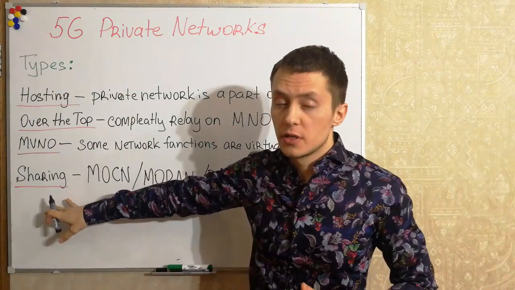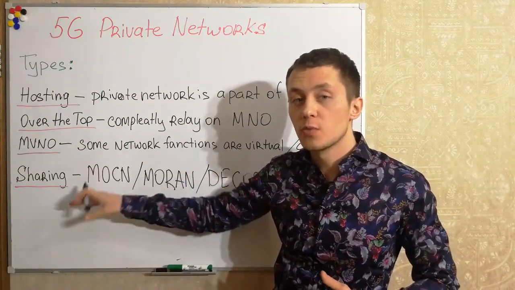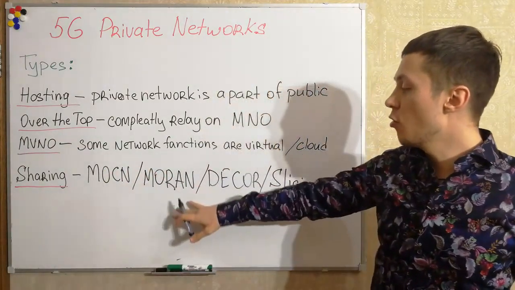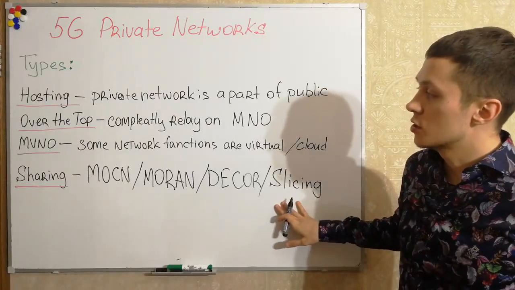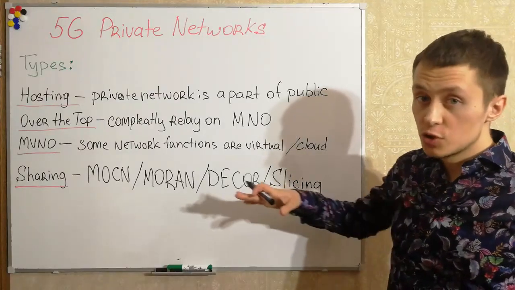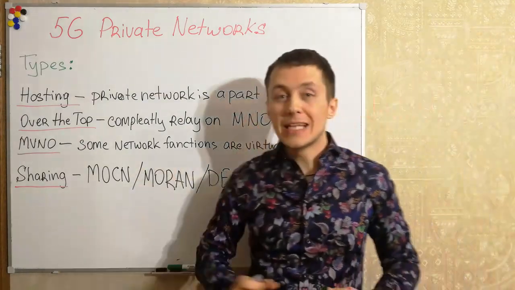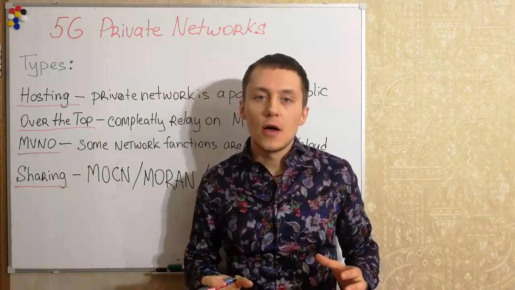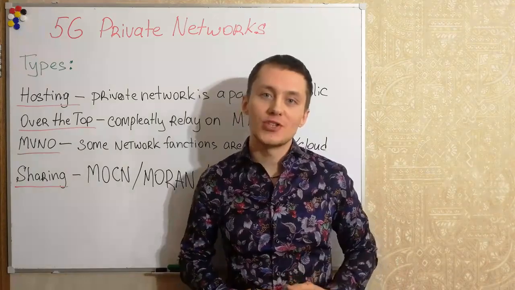And sharing. The radio access network can work in sharing mode. This can be MOCN, MORAN, the core, or slicing. So slicing refers to 5G networks basically. So let's talk about particular examples of how a private network can be developed with 5G technology.